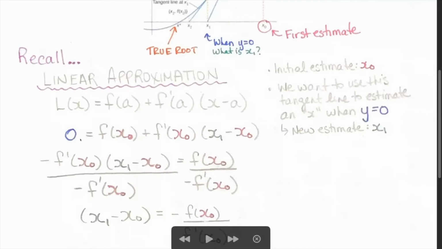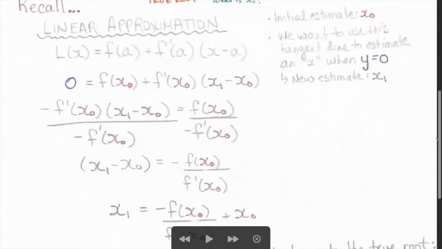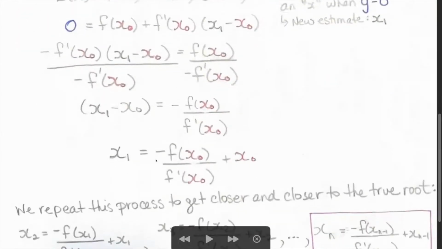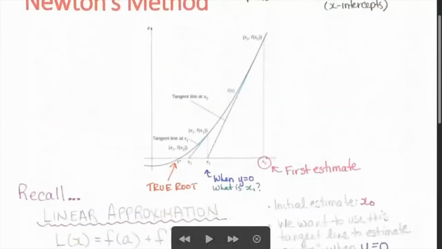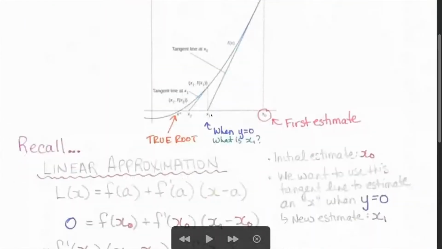So I'm going to take this formula that I've created and rearrange it. So expand out my bracket here and rearrange it to isolate for x1. And in this case, I get x1 is equal to negative f at x naught over f prime at x naught plus x naught. Okay? So that's going to give us an estimate or a value x1 right here.